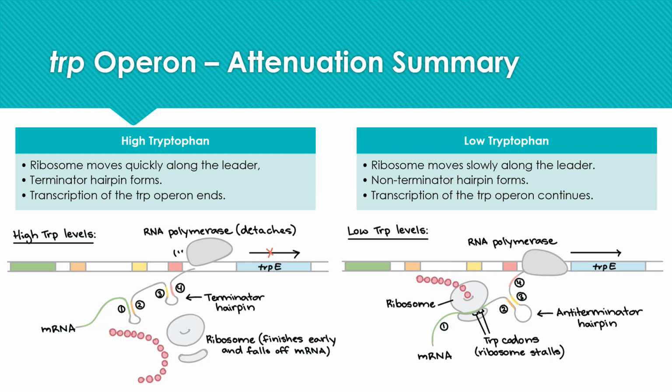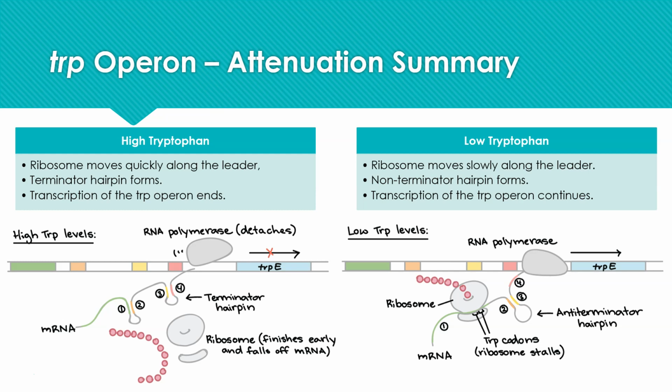So you can see when there's high tryptophan, the high tryptophan causes this initial translation to happen too quickly. It causes these terminator hairpins to form, which cause everything to detach and stop transcription and translation, which is good because you have high tryptophan and it doesn't need to happen anyway.